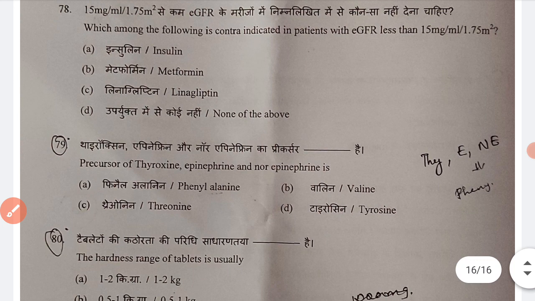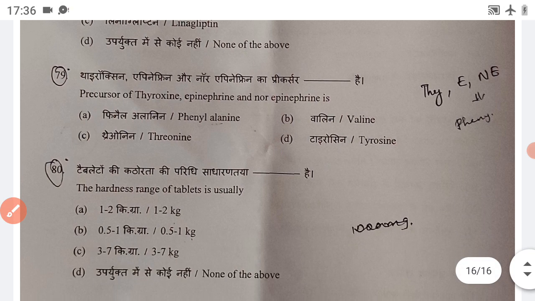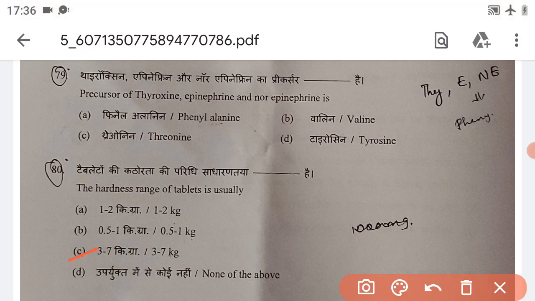Next, precursor of thyroxine, epinephrine and norepinephrine is tyrosine. The hardness range of tablet is usually 4 to 5 kg, and in the answer it is 3 to 7. So the right answer is option C.